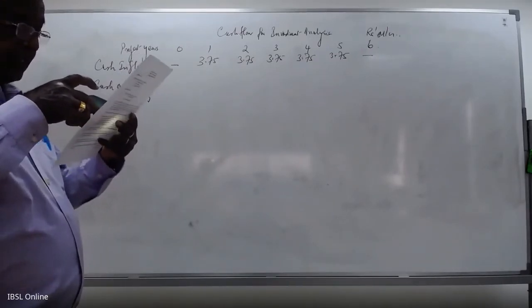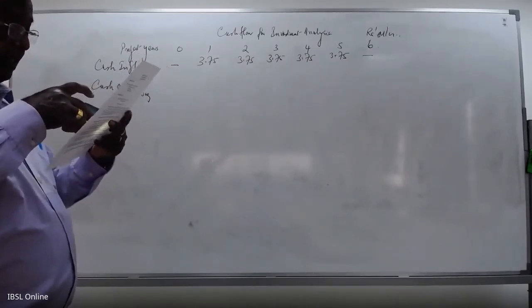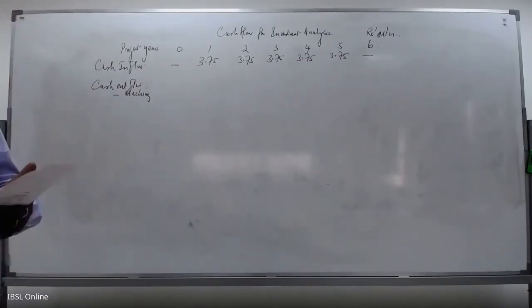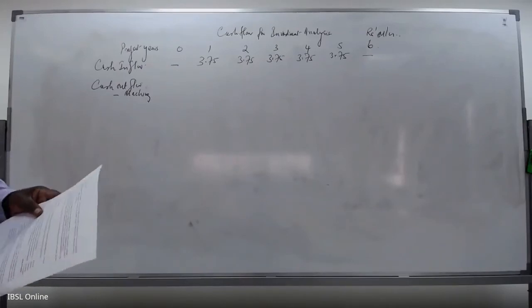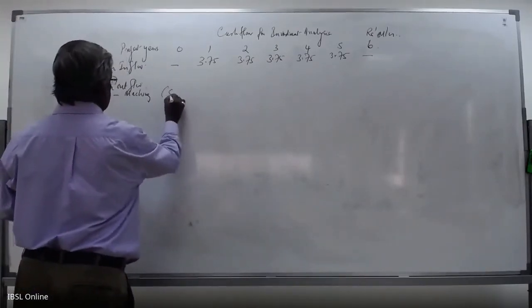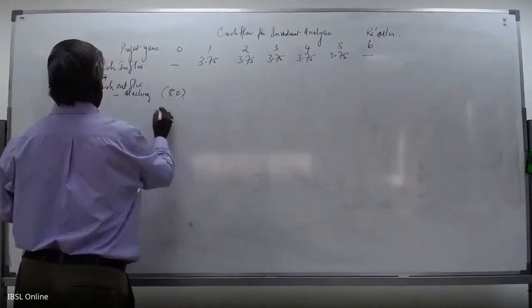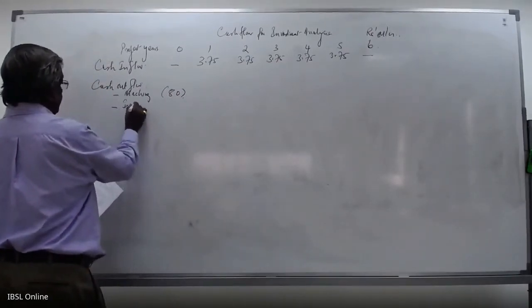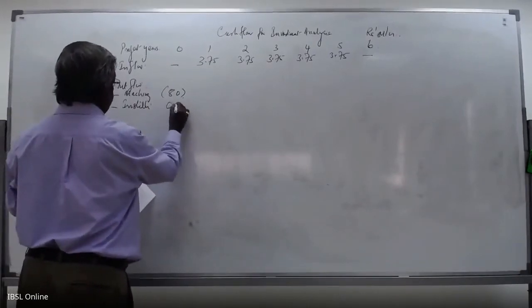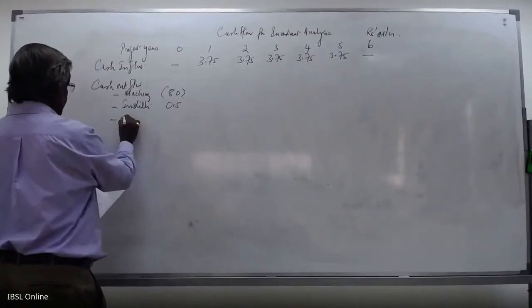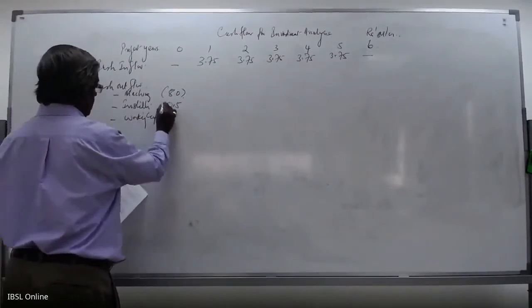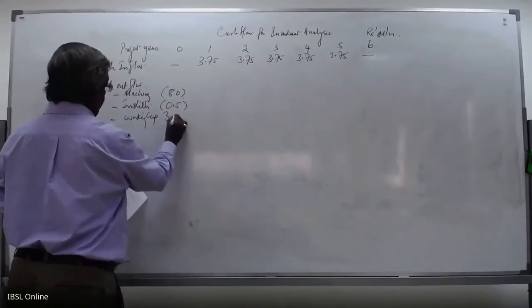Cost of installation 500,000, that is 0.5 million. Then working capital 3.5 million.